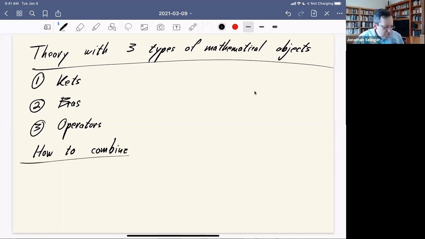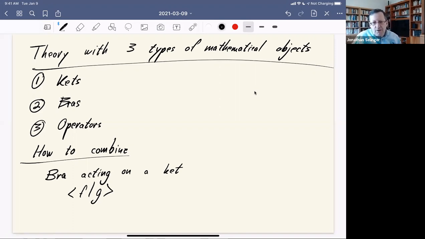So first of all, if we have a bra acting on a ket, that is like what I had on the last page. So <f|g> combined like that. And when we're combined like that, then we only have one vertical line.